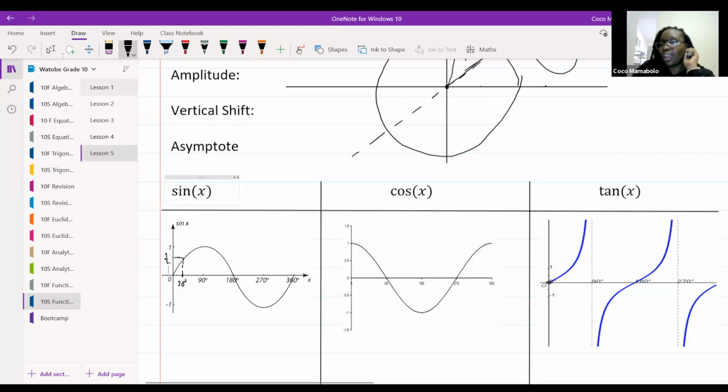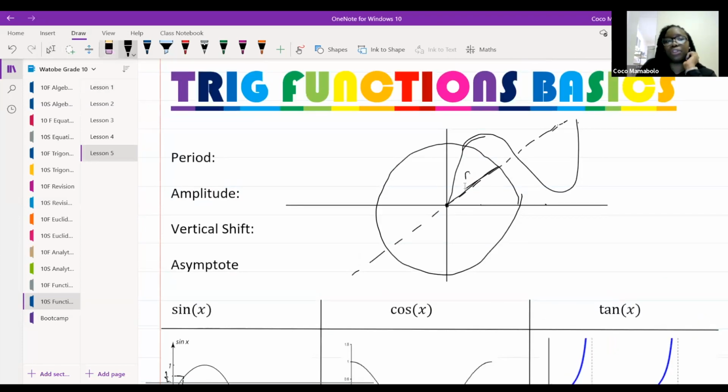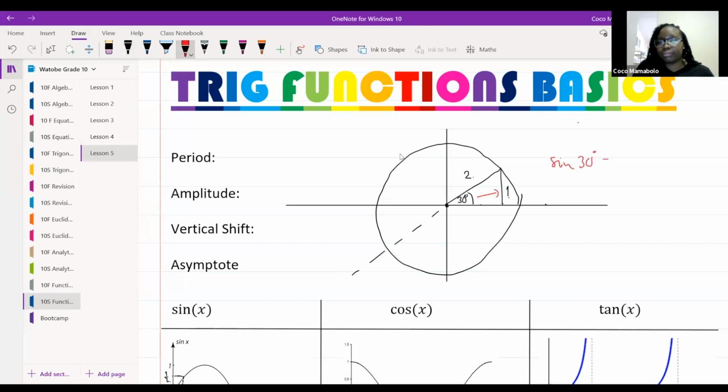Now if I look at this plane on the side, sine of 30 degrees is a half. If I made this side 1, this side 2, and this was 30 degrees, and I looked for sine, I would get opposite over hypotenuse, which is still 1 over 2. It still gives me a half.